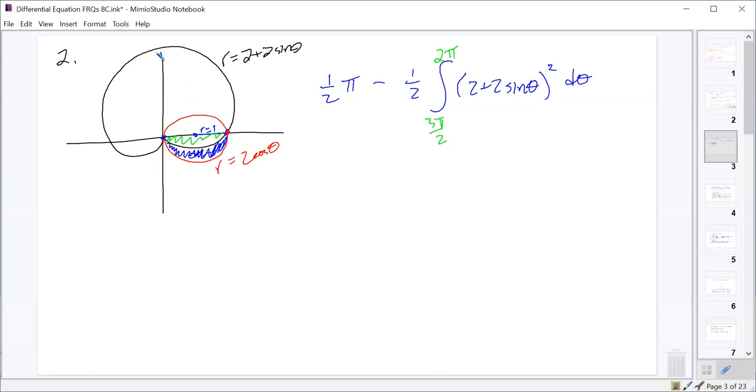Plug in an angle of pi over 2, I should be up 4 units. Plug in an angle of pi, I should go out 2 units because sine of pi is 0. Plug in 3 pi over 2, I should get negative 1, so it should be 2 minus 2. So I should be back at 0 at the pole when it's 3 pi over 2, and then back over here to 2 pi. So 3 pi over 2 to 2 pi. Yeah, negative pi over 2 to 0 should work. That should work just fine also, Adrian.